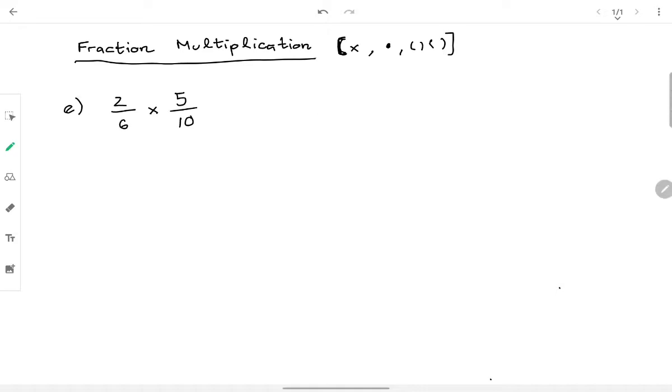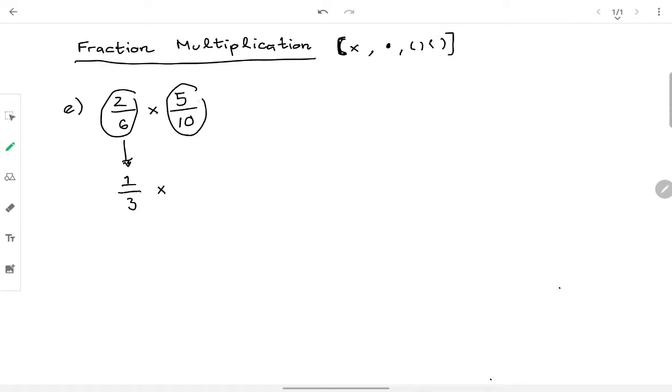Also, if we have some fractions that can get simplified before multiplying them, we can simplify those fractions. I mean, 2/6 can be simplified if we divide by 2, and we will have 1/3 multiplied.